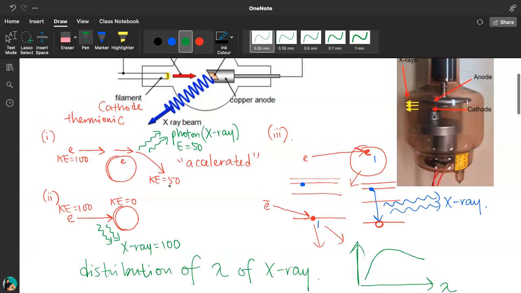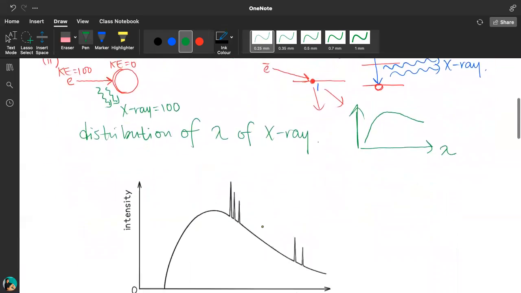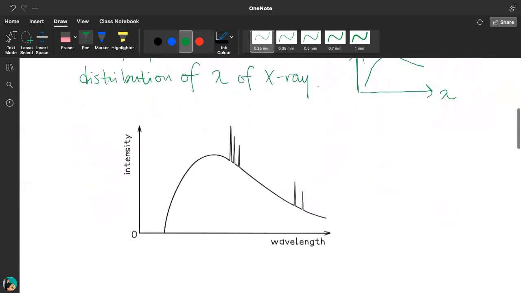They slow down at different rate. They produce different amount of energy of the photon. Okay, so the graph looks like this one down here. So this is a graph of intensity against wavelength. This is like the X-ray produced. The entire profile that you're looking at, this is the range of the wavelength of the X-ray produced.